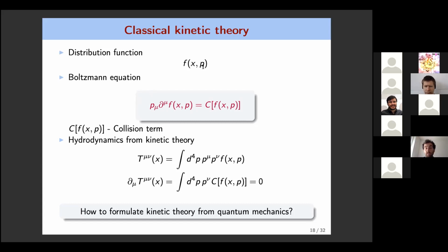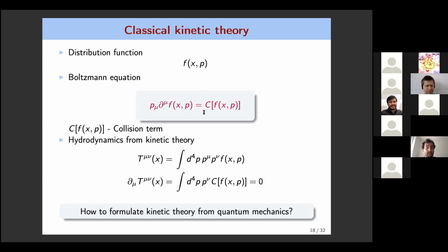What regulates the time evolution of this distribution function is the Boltzmann equation, which tells you that the distribution function will change according to particle collisions. So this C is some collision kernel, a collision term, which takes into account in which way particles collide. So this is basically the information that we need: the distribution function and the microscopic interaction.